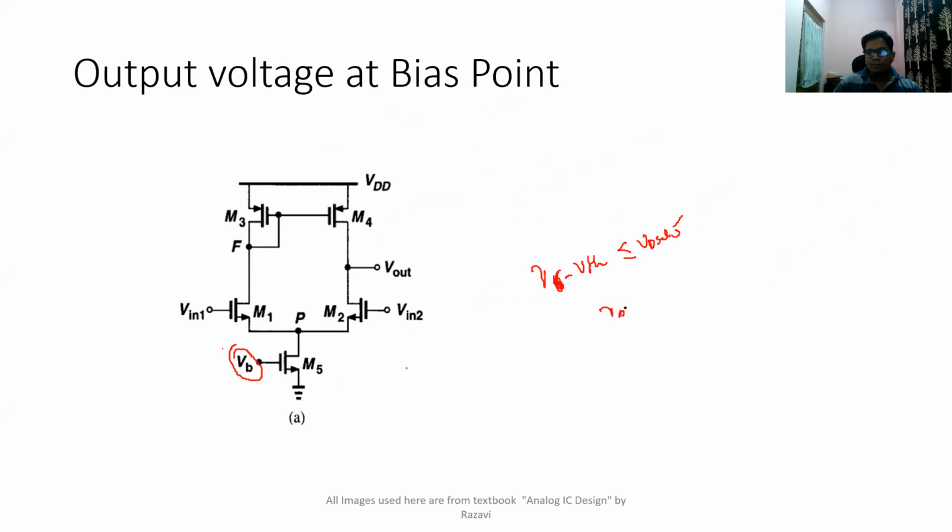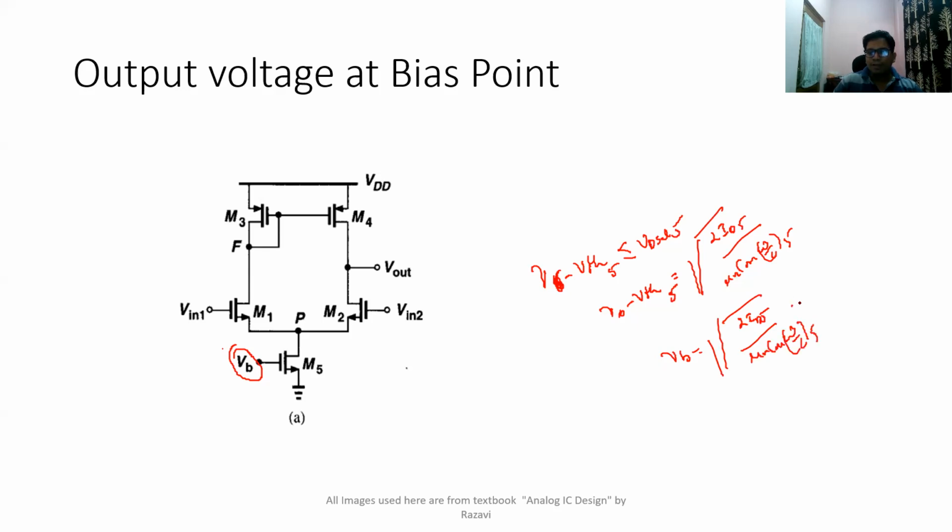Or in other words, VB minus VTH of 5, fifth transistor we are talking about, should be equal to, what is VD sat of 5? It is under root of 2 ID5 divided by mu n COX W by L of 5. So VB should be equal to under root of 2 ID5 by mu n COX W by L of 5 plus VTH of 5.